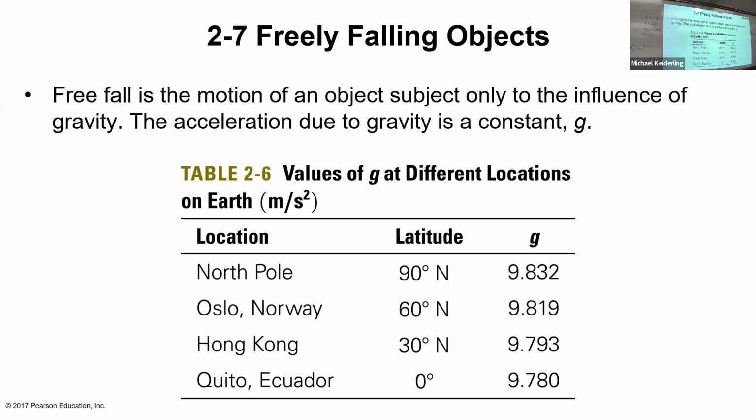Because it varies a little, I'll give it on tests as a constant. I'll generally give it as 9.80 for tests. Usually the difference between 9.81 and 9.80 is not a big enough error to get problems wrong, but the book does use 9.81.